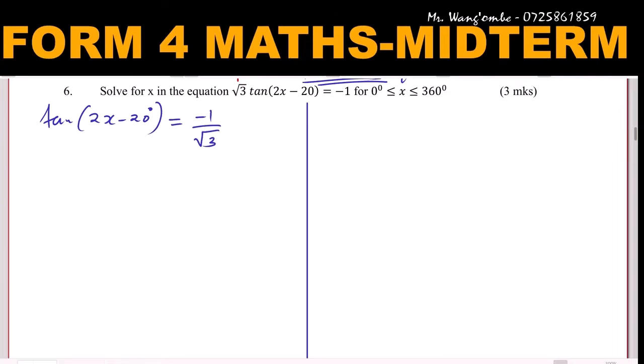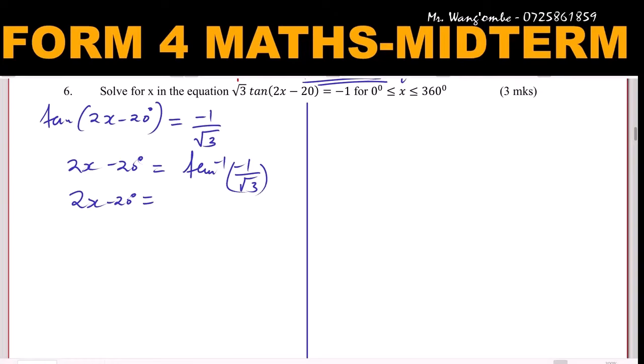On the left hand side, we remain with 2x − 20, then the tan inverse of −1 divided by √3. So 2x − 20 equals tan inverse of −1 divided by √3.